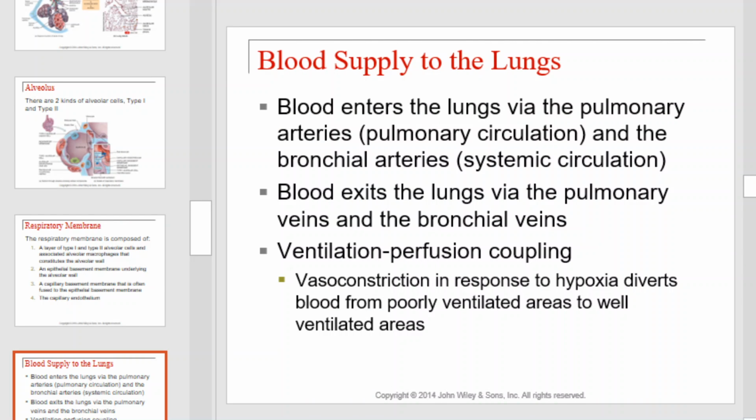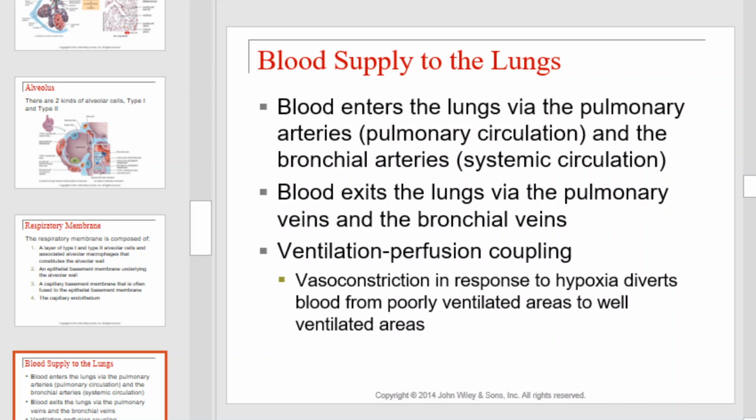Blood enters the lungs via the pulmonary arteries through what we refer to as pulmonary circulation, and the bronchial arteries through systemic circulation. Blood exits the lungs via the pulmonary veins and the bronchial veins.